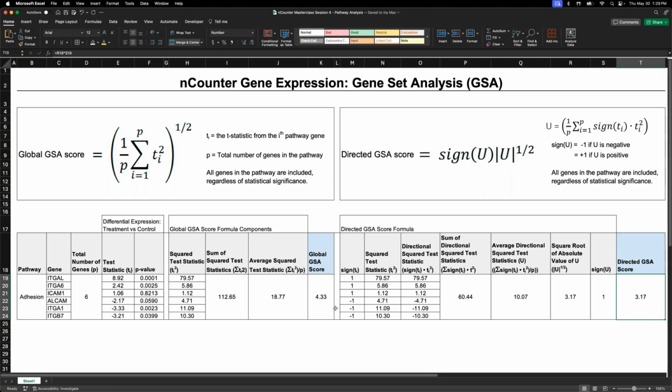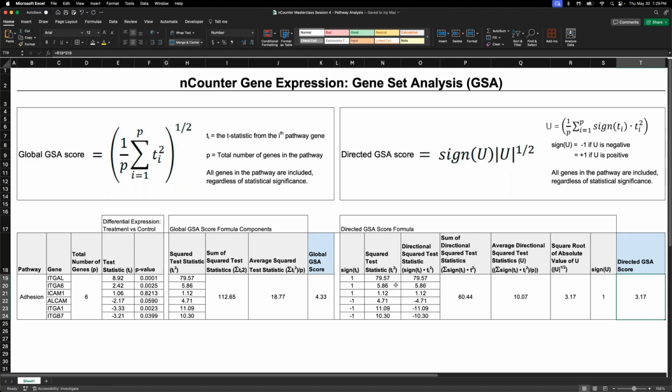So the takeaway from me showing you all this is that we have the adhesion pathway, six genes in it, and we have this global score, which is overall all genes. If we don't look at the direction, if the genes are positive or negative or upregulated or downregulated, this is the number representing how much change there is in the pathway. When we start to look at the individual genes in this pathway and take into account the direction, if they're upregulated or downregulated, that's what this directed score is, which is 3.17.